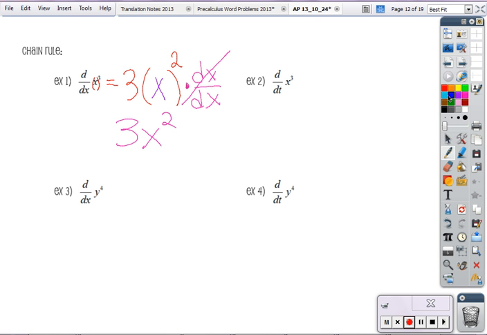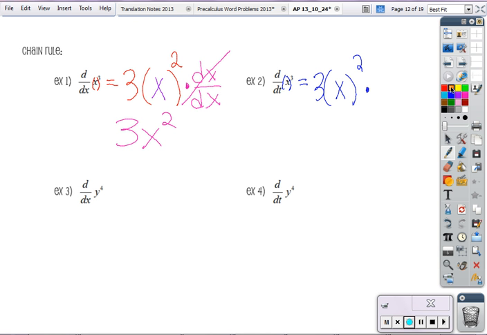Now let's try this guy. It looks almost exactly the same. So it's chain rule. I'm going to copy down what you said already. 3x squared times the derivative of the inside. Nick, read me how I would read that if I say, now I want to multiply by the derivative of the inside. I want you to read me how I would say it if I'm telling you my step now is the derivative of the inside.